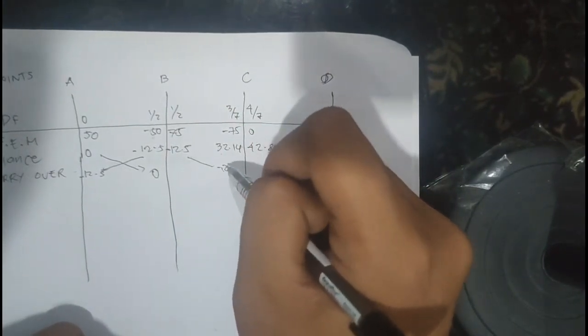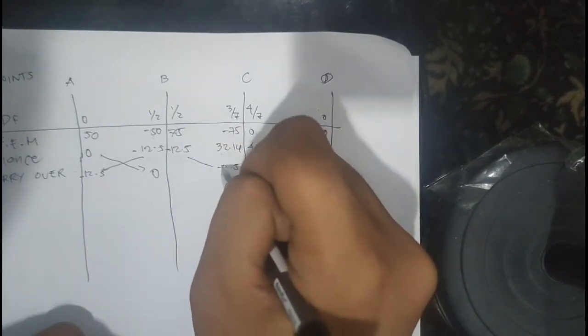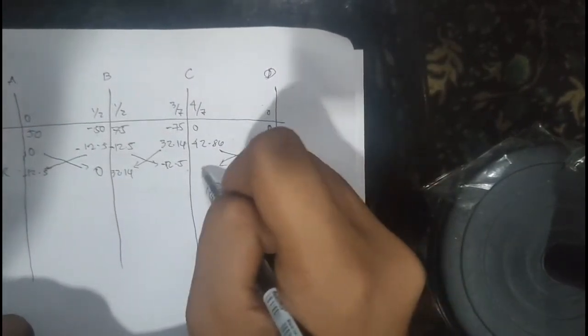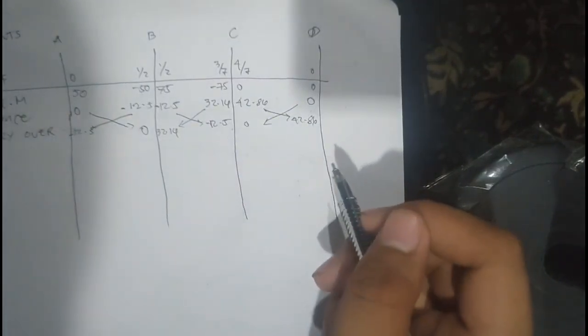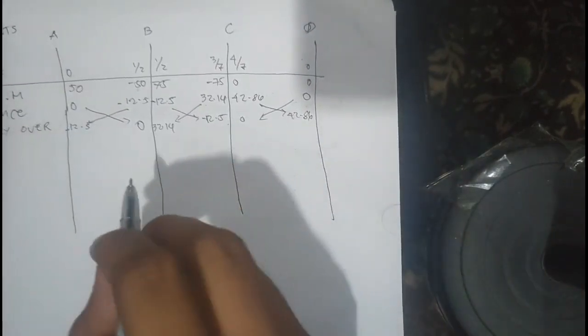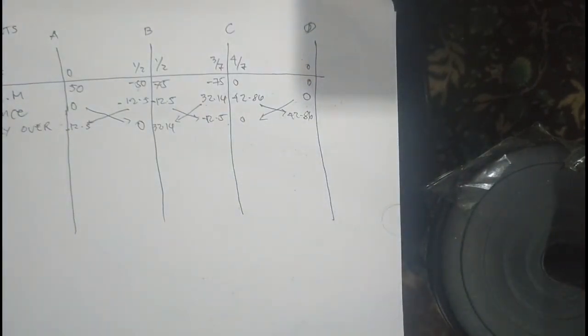Negative 12.5. Then 32.14, tripod 42.86. Then lastly 0. So para makuha na ang final end moment, pagamayon na to sa hagsamot.